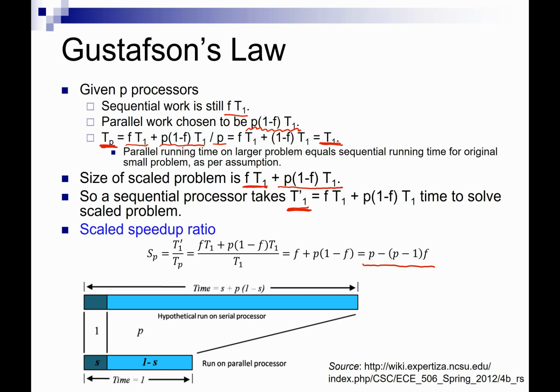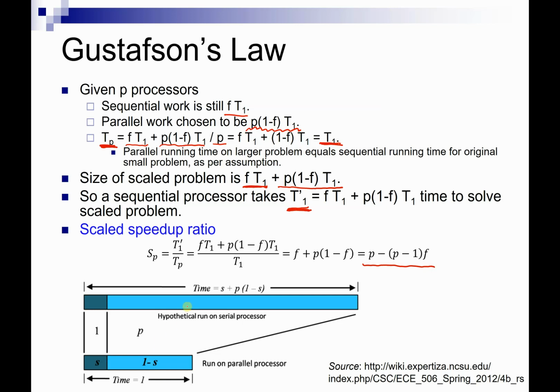So now, if you want to take a more pictorial look at this, here in the scaled problem, if you look at the running time on a parallel processor, you have the sequential portion, and then the parallel portion is going to take this amount of time to run.